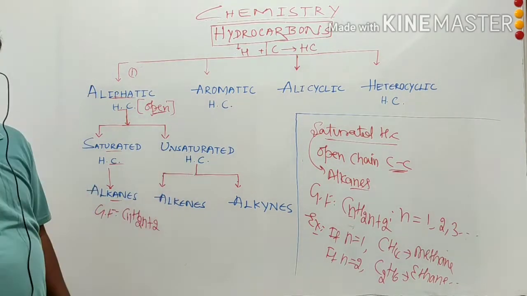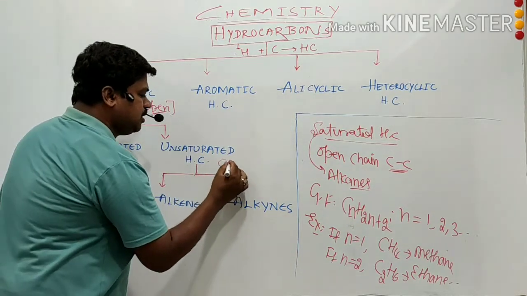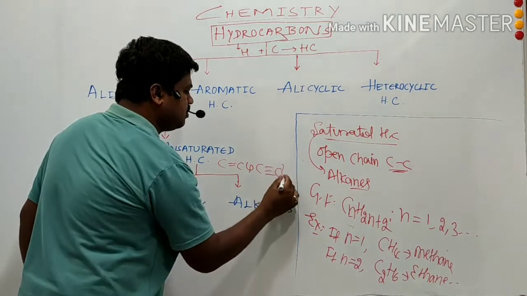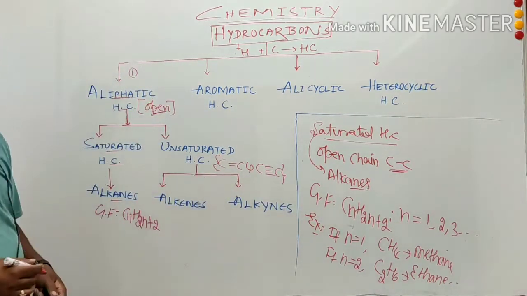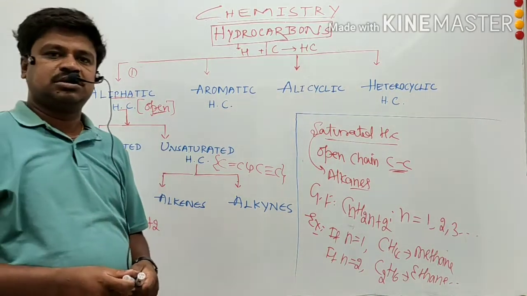Now coming to unsaturated hydrocarbons. In the name you see unsaturated, that is, not satisfied. What is not satisfied? Valence is not satisfied. To balance that, there must be either a carbon-carbon double bond or a carbon-carbon triple bond in the structure. So what are unsaturated hydrocarbons?